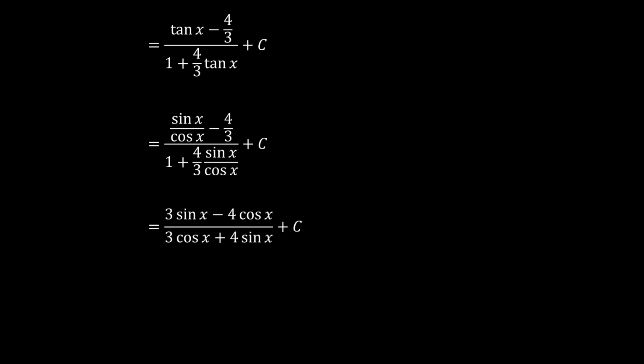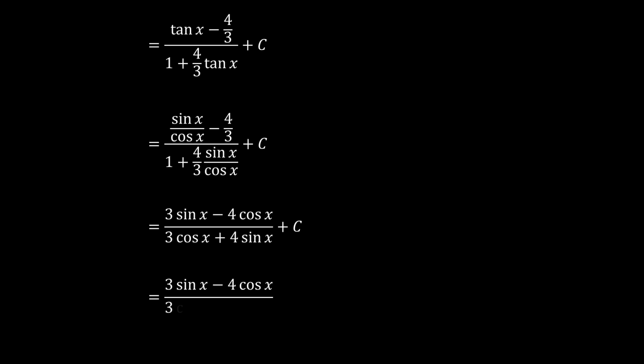But you could say, well, this is not the same as what we saw in the first method, because we got, I think it was negative 25 cosine x over 12 sine x plus 16 cosine x or something like that. We can show that by just subtracting a constant.